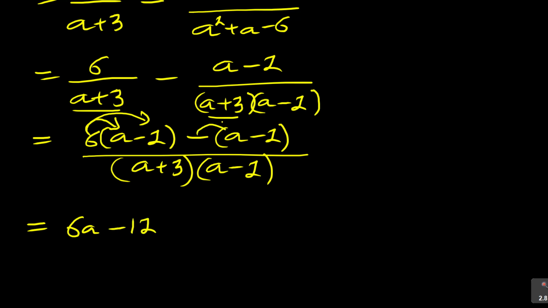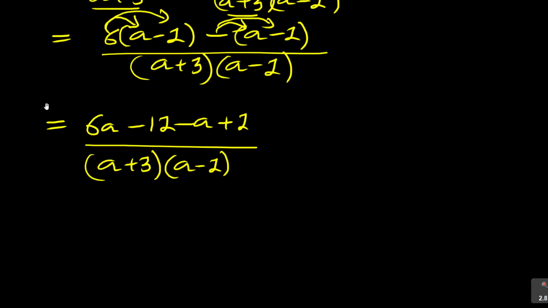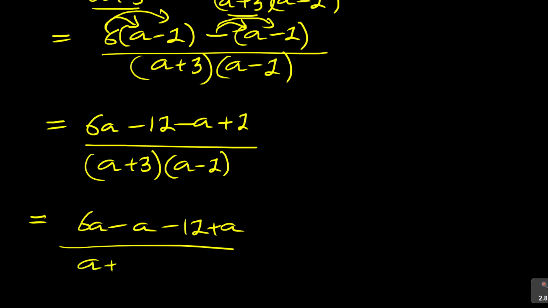Now the negative also affects that, and negative affects that, is minus a plus 2 over a plus 3 and a minus 2. And then from here equal to 6 minus a, so this is 6a minus a minus 12 plus a over a plus 3 and a minus 2.